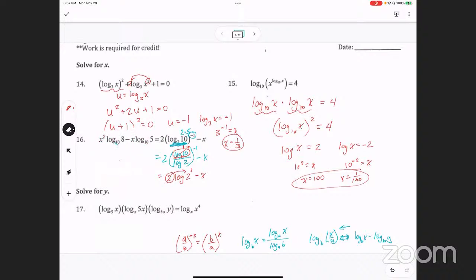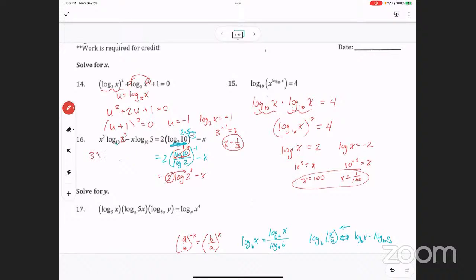Erase this. Let me try a different thing. 8 is just 2 cubed. So I could bring that 3 down front. So there's a log base 10 of 2 times x. Log base 10 of 5. Oh, actually that's x squared. So this would be, let me rewrite this.